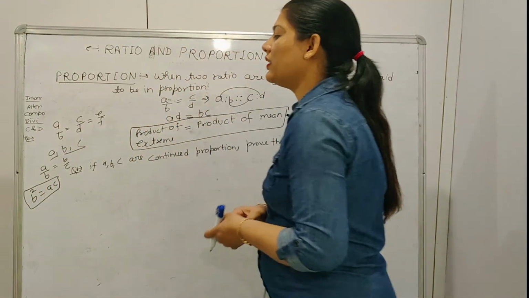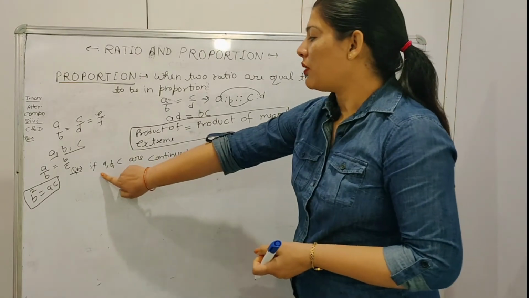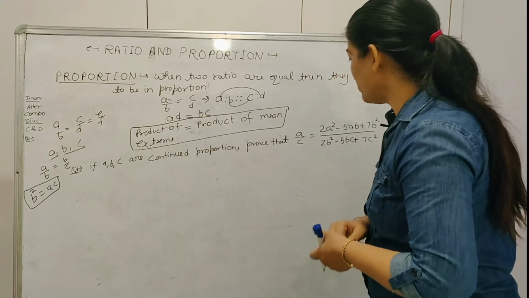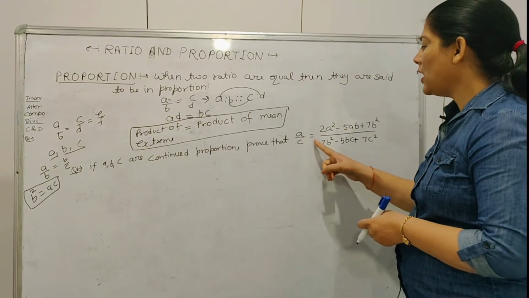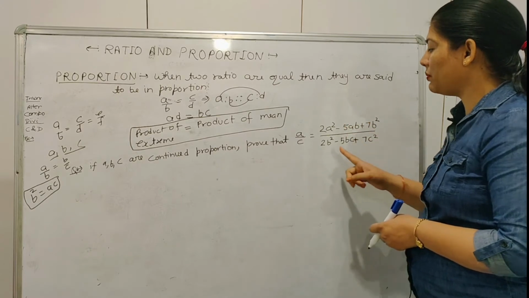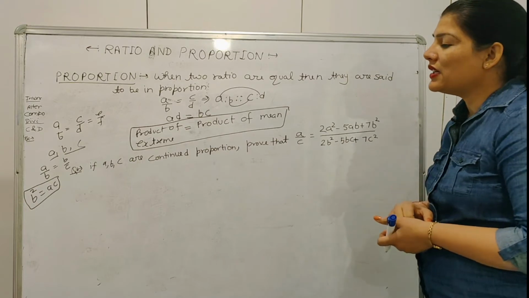So this is called continued proportion, and it will be more clear with the help of this question. The question is, if A, B, C are in continued proportion, prove that A to C is equal to (2A square minus 5AB plus 7B square) upon (2B square minus 5BC plus 7C square).